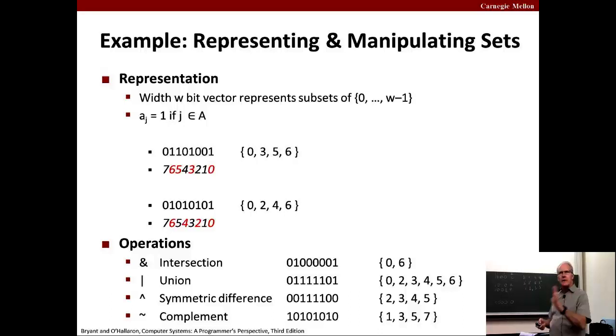So 1 byte is enough to capture 8 cases. And if we number the bits from right to left, this is bit 0, so that would represent whether or not the value 0 is an element of the set. And similarly here you'll see 0, 1, 2, 3. So we're saying that bit 3 being 1 here means 3 is an element of the set, and so forth.